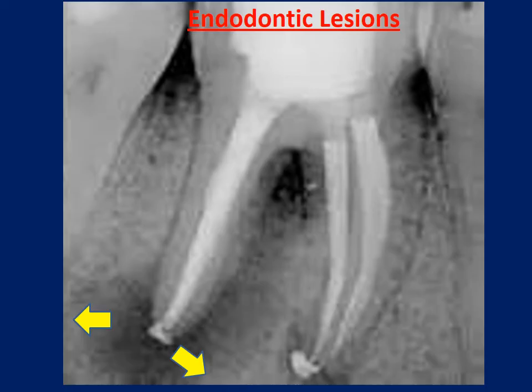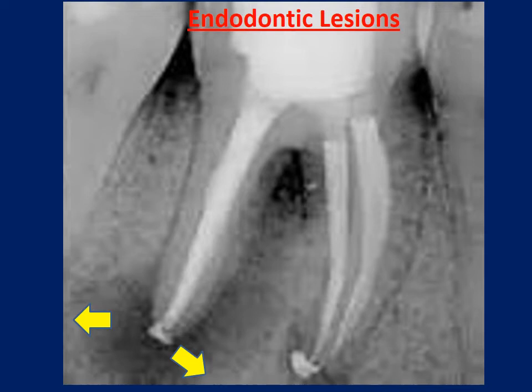For example, an endodontic lesion is caused by bacteria inside the root canal. So our treatment has to be endodontic treatment to stop this invasion of bacteria to the periapical region. If we don't do endo treatment, the lesion is going to increase in size.